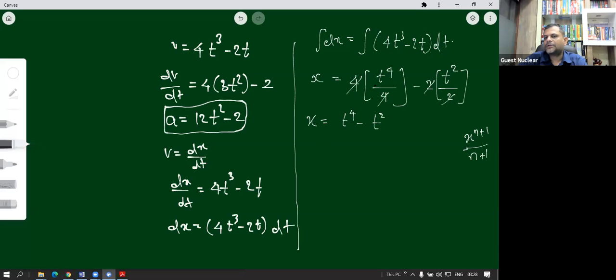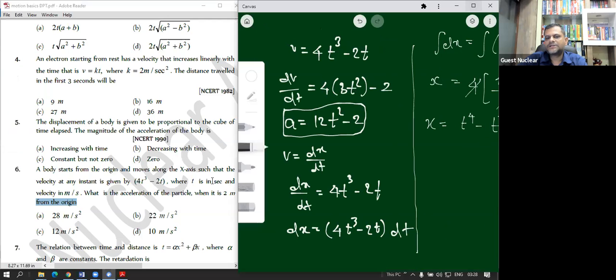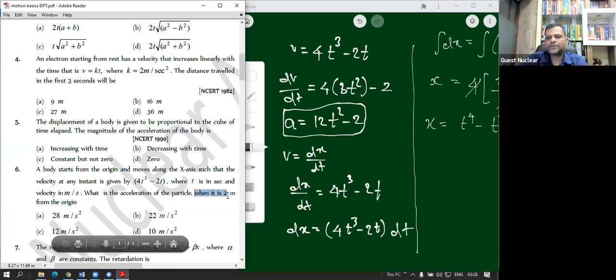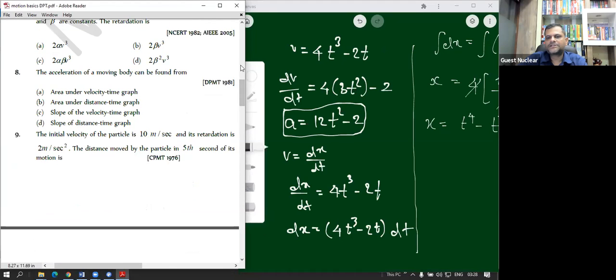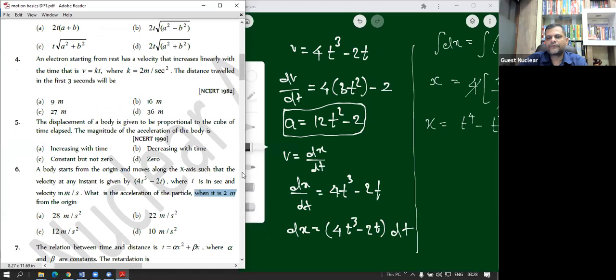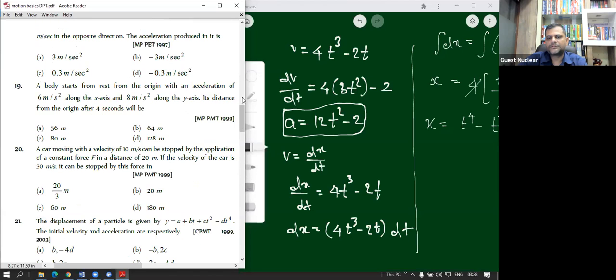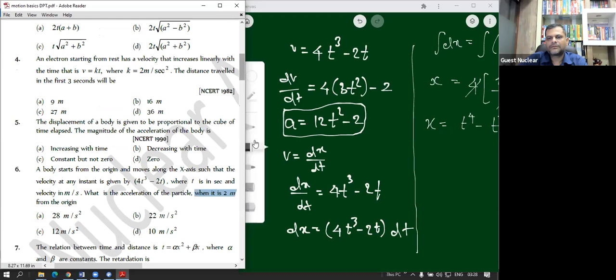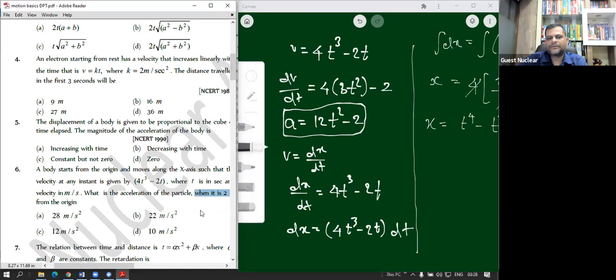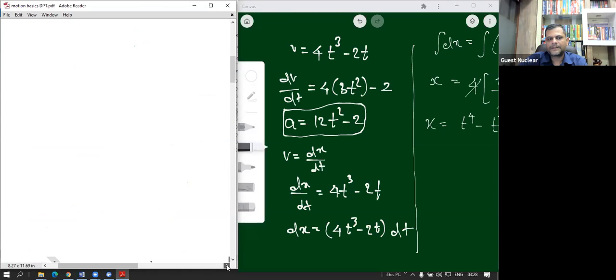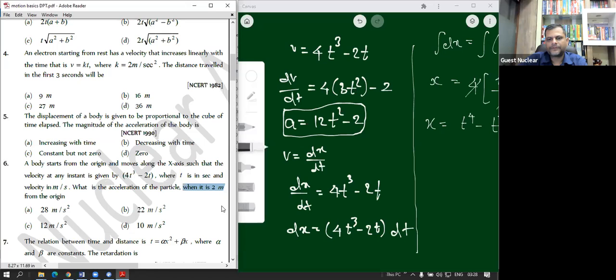Okay, but it is given that the distance is 2. Correct? When it is at 2 meter from the origin, what does it mean? The particle is given to be at a distance of 2 from the origin. Yes, the particle is at 2 meter distance from the origin. So the value of x is 2.